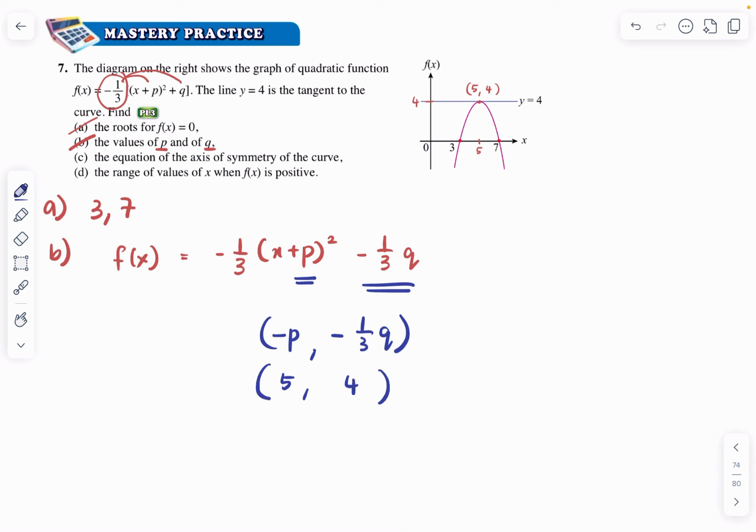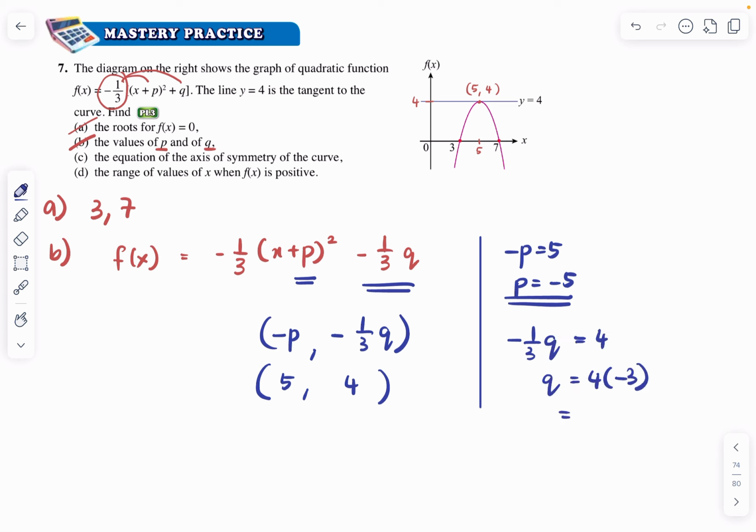So from here, you can find the value of p lah. Sorry, p and q actually. So negative p is 5, therefore p is negative 5. And then negative 1 over 3 q is 4. So q would be 4 times negative 3, negative 12.